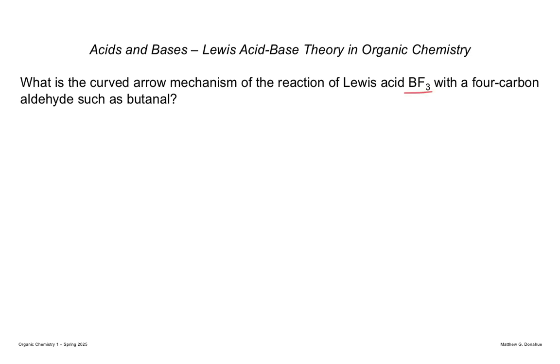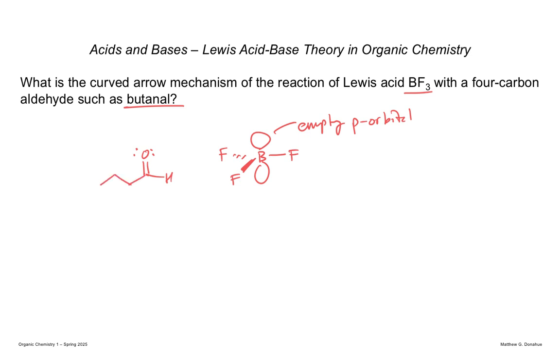So if we have BF3, the boron is tri-coordinate. We have an empty p orbital, and we want to react it with an aldehyde called butanal, a 4-carbon aldehyde. What would these things do to one another?